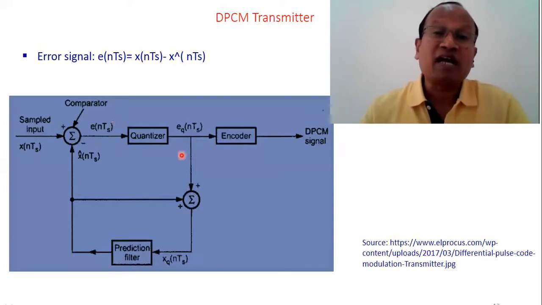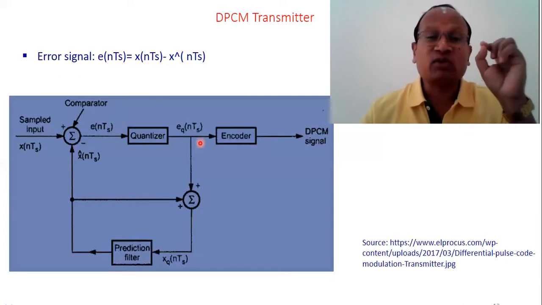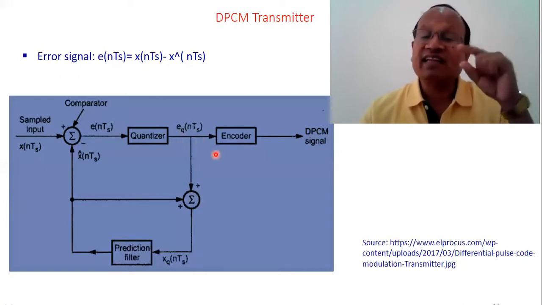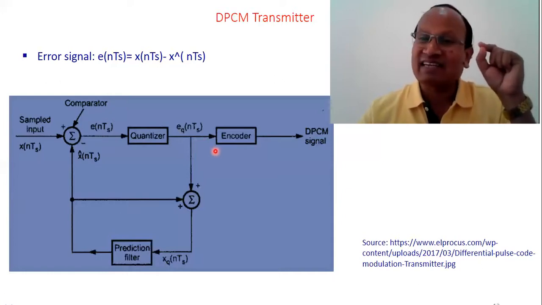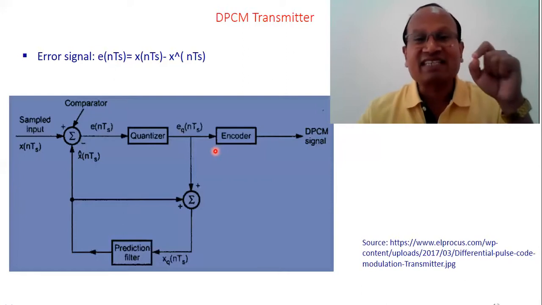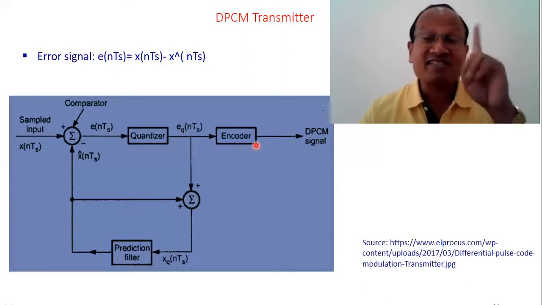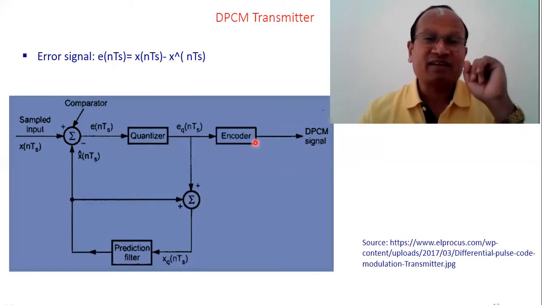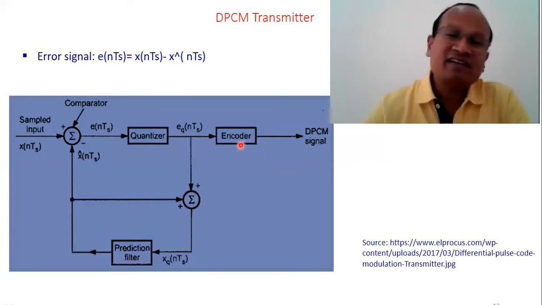Then the error is passed through the quantizer, and the quantized difference signal is encoded. This is the main difference between PCM and DPCM. After encoding, we get the DPCM signal.